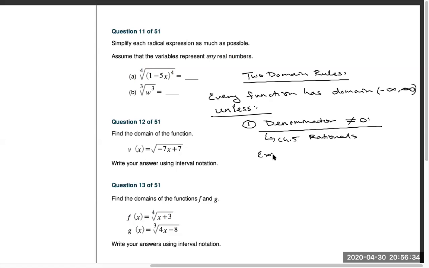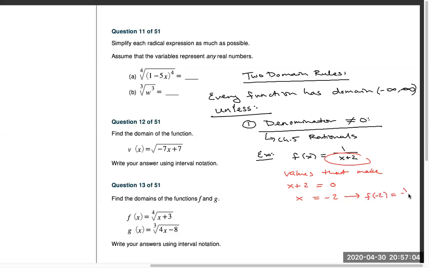So a quick example of that, if I have the function f of x is equal to 1 over x plus 2, I'm looking for values that make x plus 2 equal to 0. So x would equal -2. If I have that, my function evaluated at -2 would give me 1/0, which is undefined.